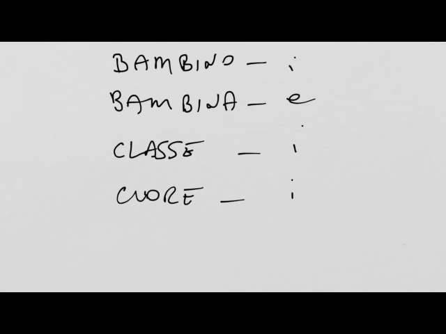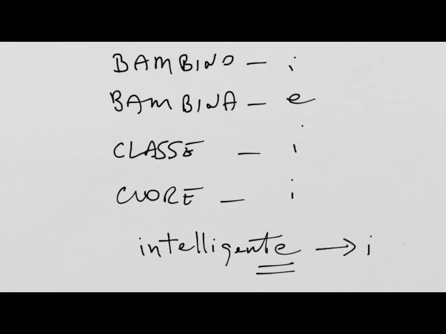Okay, so we go to the dictionary and we find that the word for intelligent is intelligente. What's the plural of intelligente? Intelligenti.